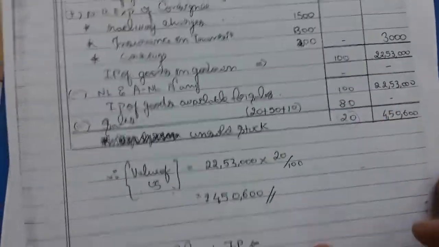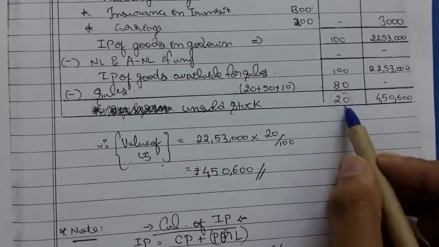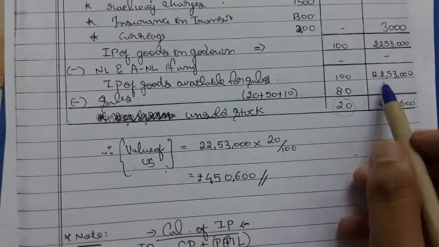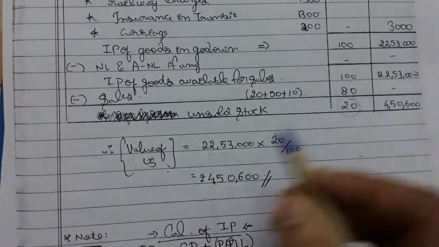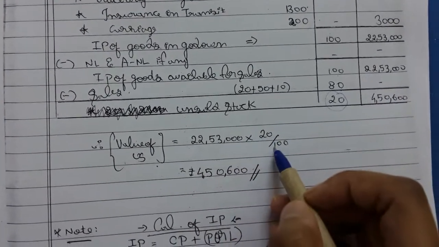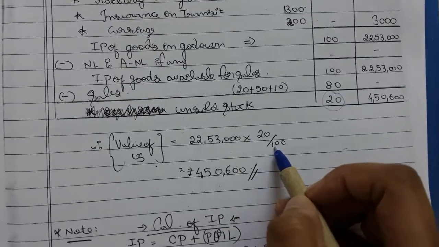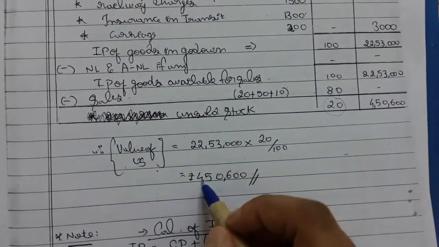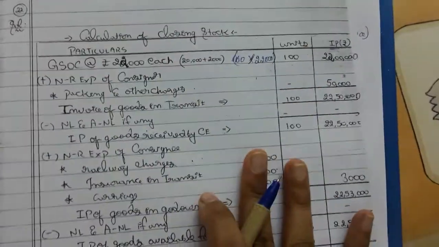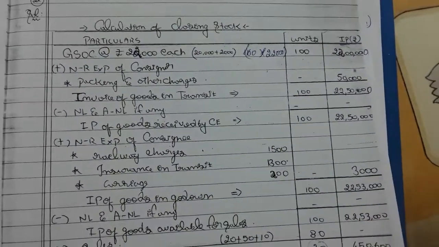Now we are supposed to calculate the value for these 20 computers. You know the formula for calculating that: cost of goods available for sale multiplied by units unsold divided by units available for sale. So that will be 4,50,600. You have understood how to prepare the calculation of closing stock.